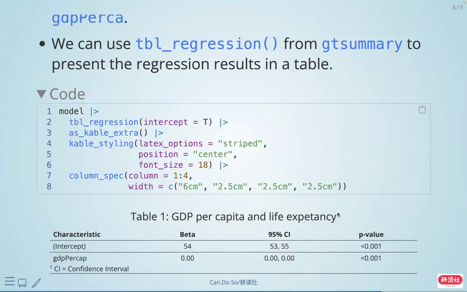Because this is a slides-type outcome, it looks a little different if we render it to a PDF. We can use stargazer or other functions to create a table, but this one I think is good.